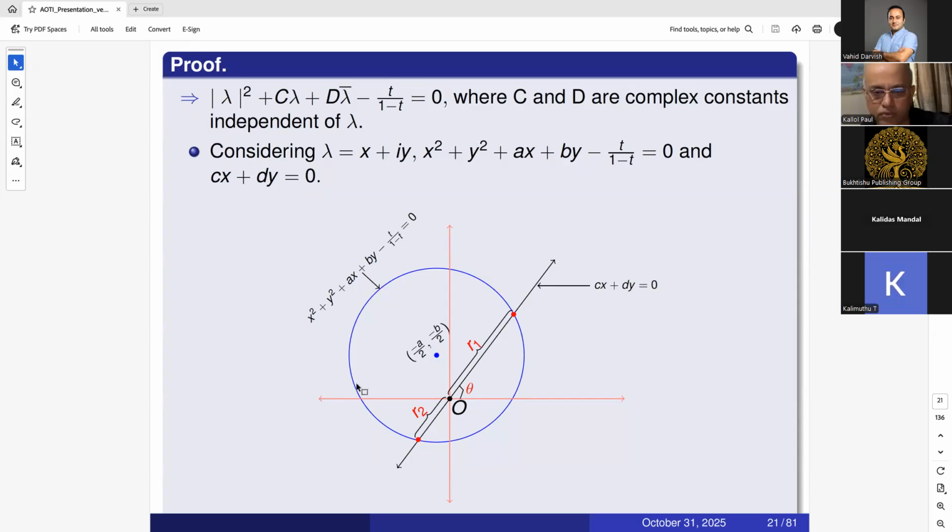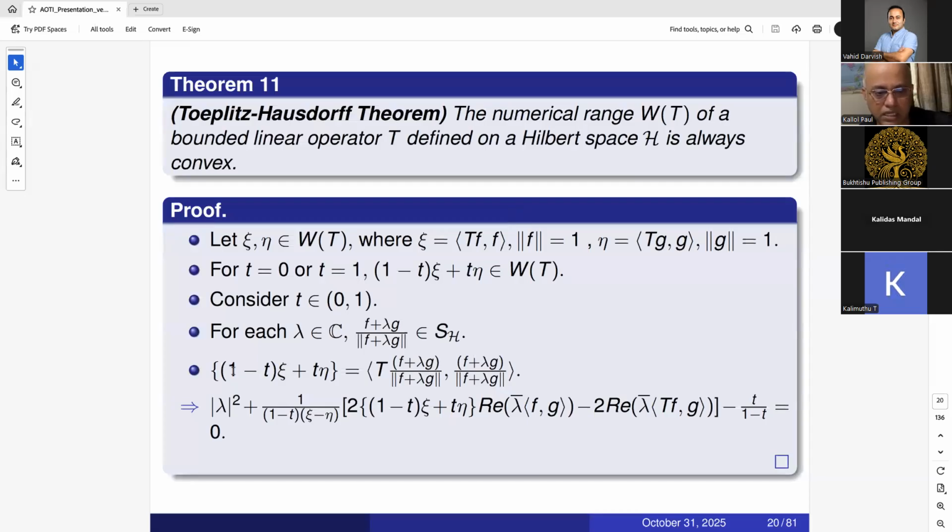And cx plus dy equal to 0 is a straight line passing through the origin. So they will intersect at 2 points, and these two equations will be satisfied at those 2 points, the red dots. So the relation that we started with is satisfied by 2 lambdas.